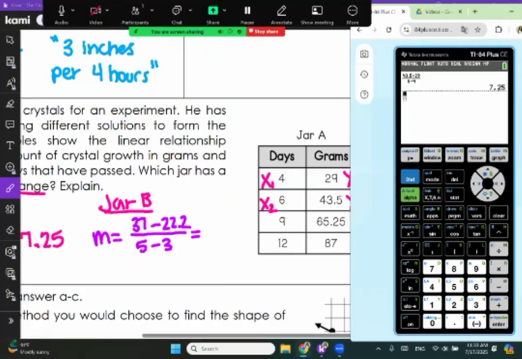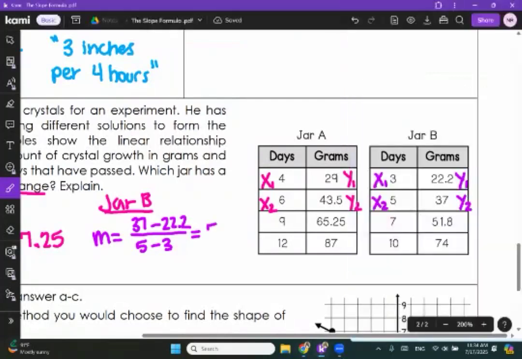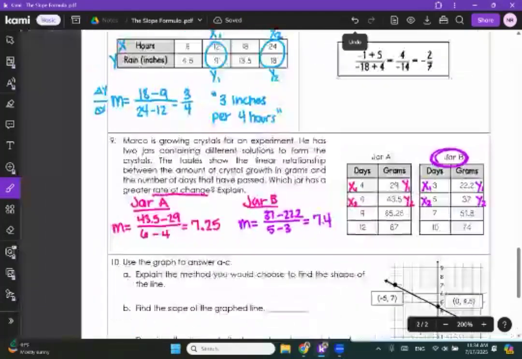All right, so 37 minus 22.2, 5 minus 3, you get 7.4. So which one has the greatest? Jar B. Jar B has the biggest number.